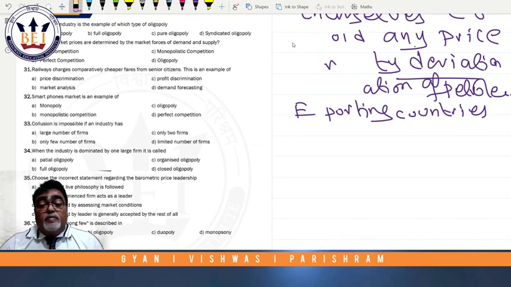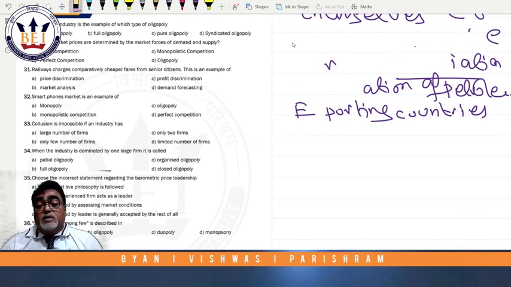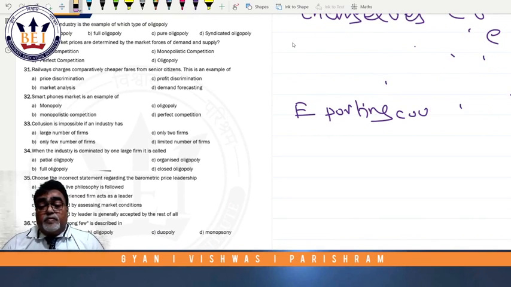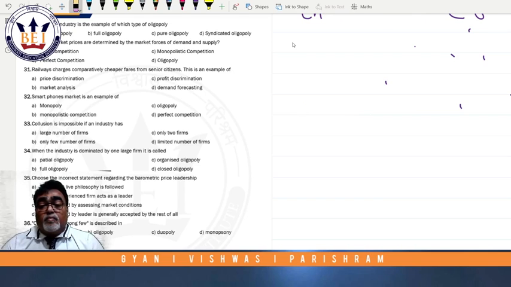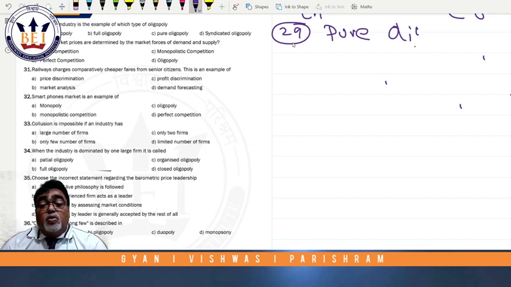29. I'm writing this so that you can get it properly. Aluminium industry, simple way. Aluminium industry means it is a homogeneous product. So it is called pure oligopoly.